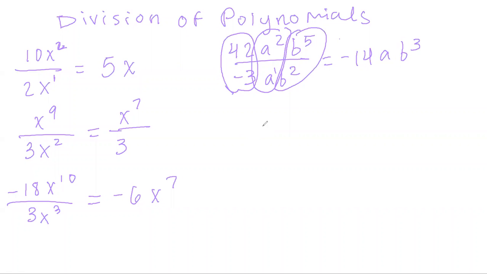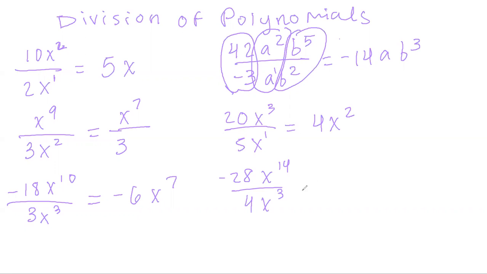Maybe we can do just a few more examples just in case. So 20x cubed over 5x, so 20 divided by 5 is 4. 3 minus 1 is x squared. Negative 28x to the 14th over 4x cubed, so that's negative 7, and then x to the 11th.